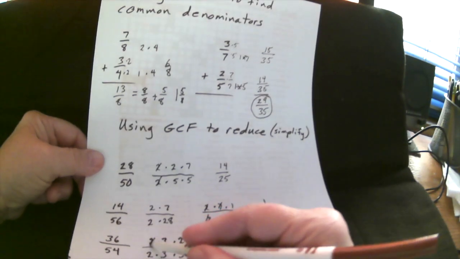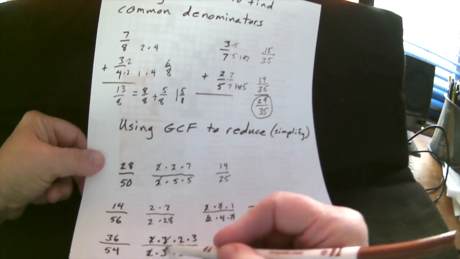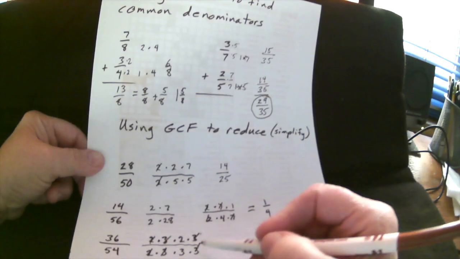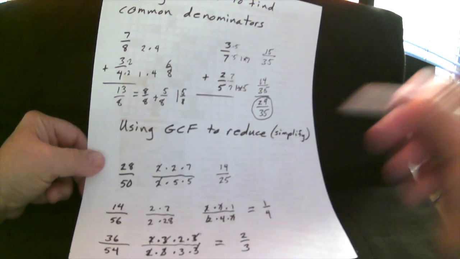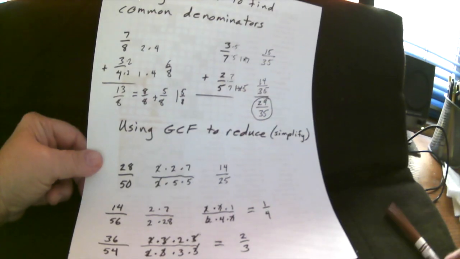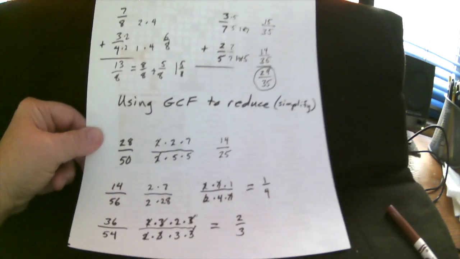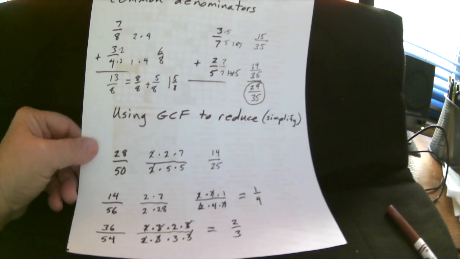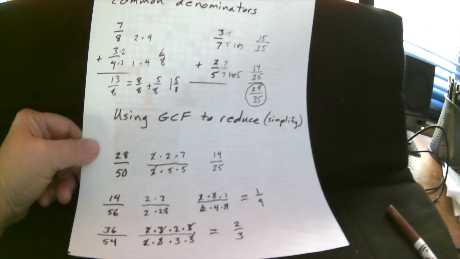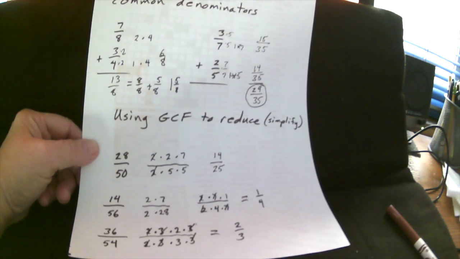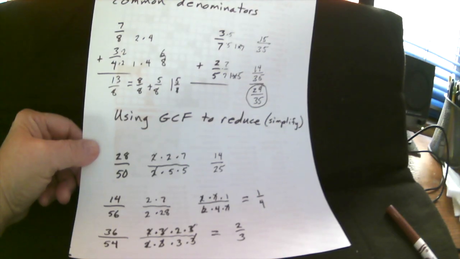That lets me cancel these 2's, these 3's, these 3's, and my final answer simplifies to 2/3. So we can use these greatest common factors factorize out, and we will end up pulling out all the things that we can cancel.